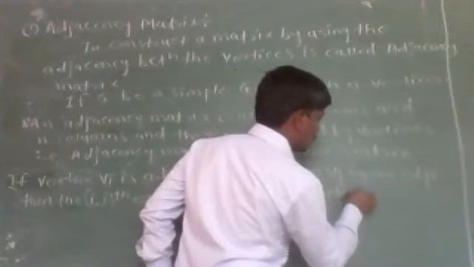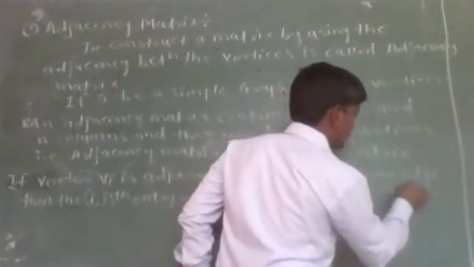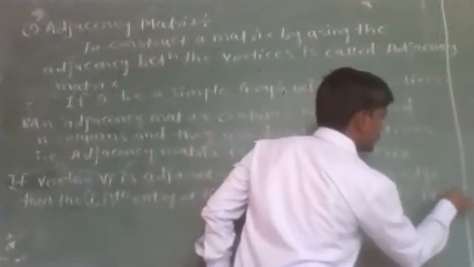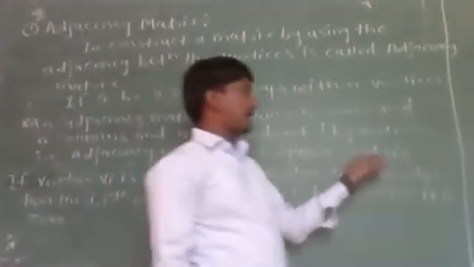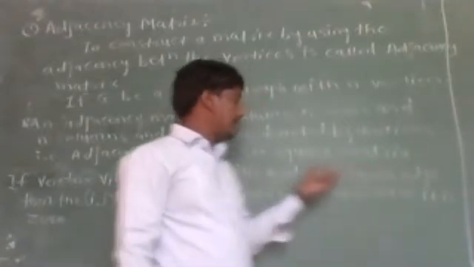Otherwise it is 0. That is, if any two vertices of a graph are adjacent with an edge, then the corresponding entry is 1. Otherwise, it must be a 0.